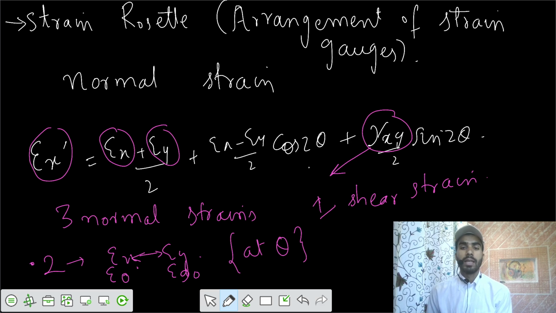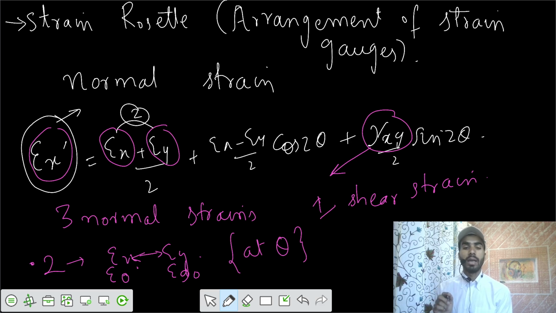So for that, you use three normal strain gauges, which measure at three locations. With only two strain gauges you are unable to find the strain at a different theta without a gauge at that theta.